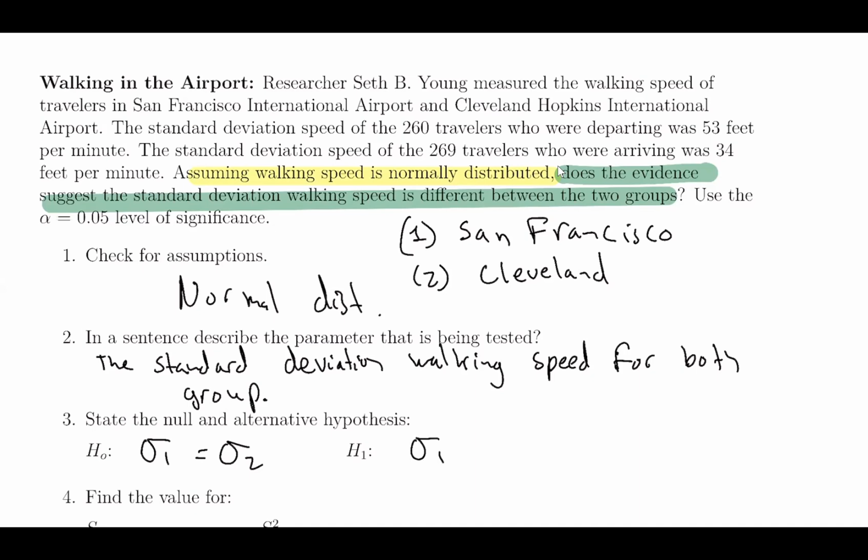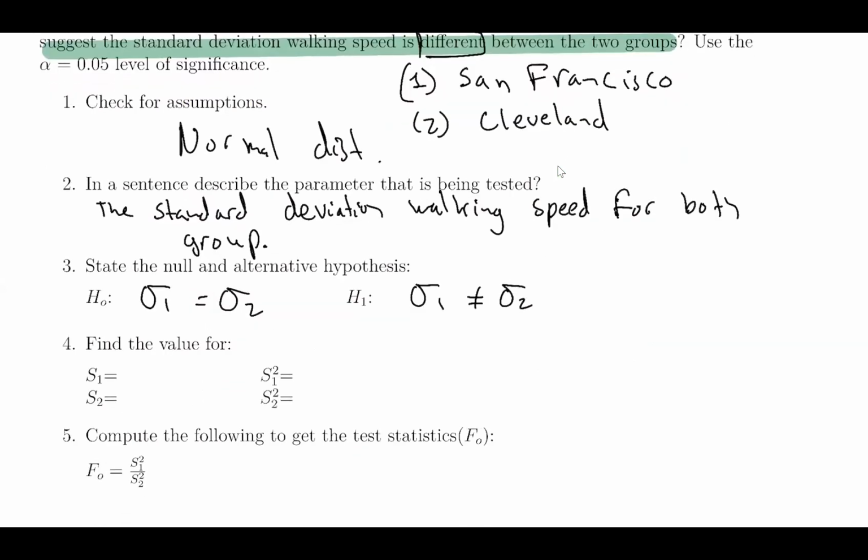My alternate hypothesis, so what am I trying to prove? I'm trying to prove that people in San Francisco standard deviation walking speed is less than, or yeah. So we just want to prove it's not equal to because it says different. So up next, let's go ahead and calculate this.